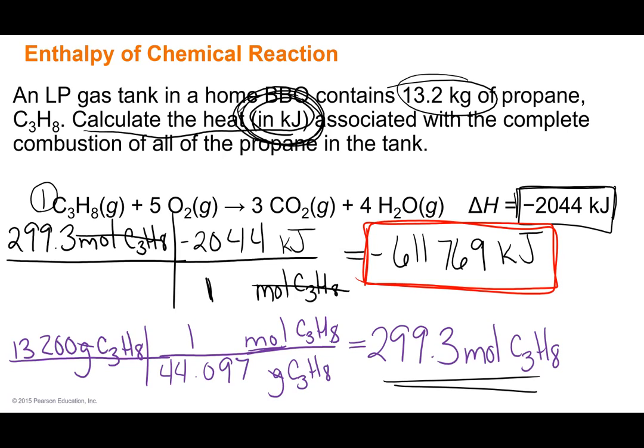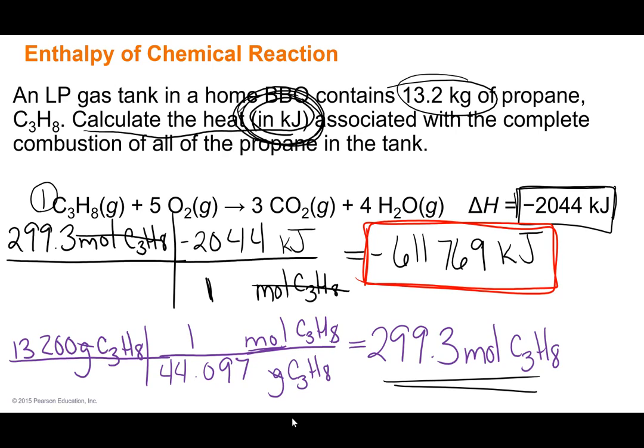Awesome. So what in the world did I just calculate? I calculated a really big number. So let's talk about what this number means. So this problem, when we set it up, said in this gas tank, it's got 13.2 kilograms of propane. So think about a propane tank. Those are pretty big, right? Lots of propane in there.